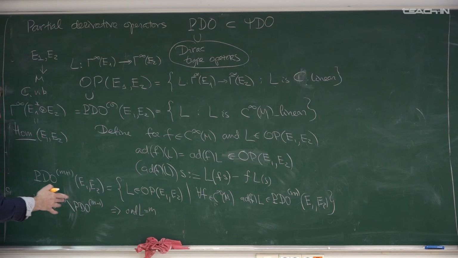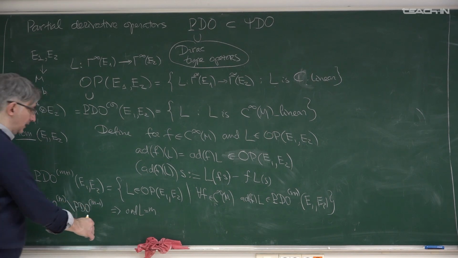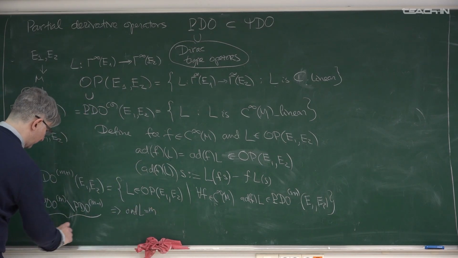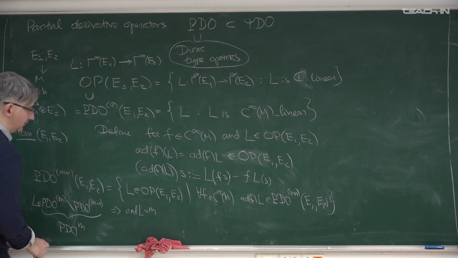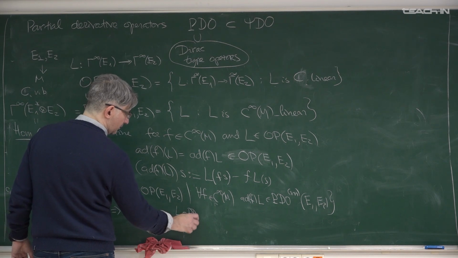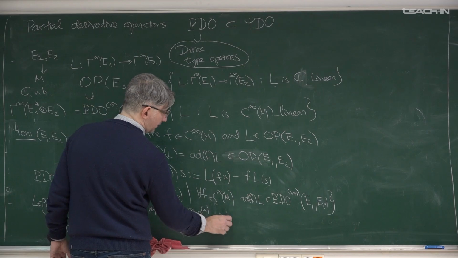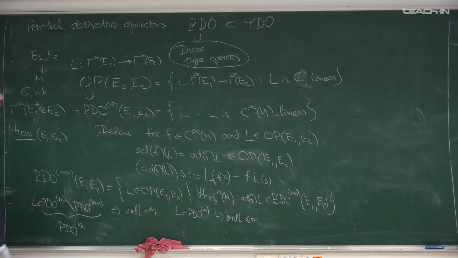It means that it contains derivatives of order m, not only m minus 1. And we denote this space by PDO m without brackets. If L belongs to PDO m, then we say that the order of L is not greater than m. And now we consider some examples.